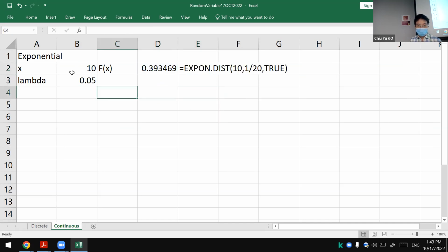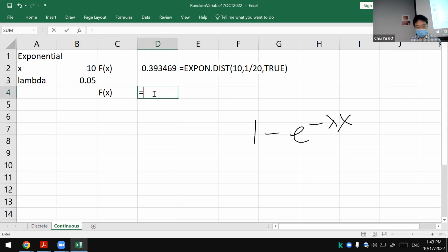We can also use the big F to calculate directly. If you remember the formula, it is 1 minus e to the negative lambda x. Let's do this from scratch: 1 minus exponential of negative lambda x, so 0.05 times 10.